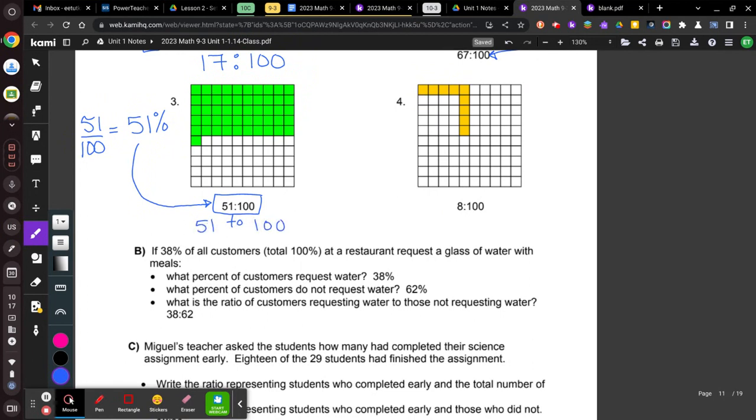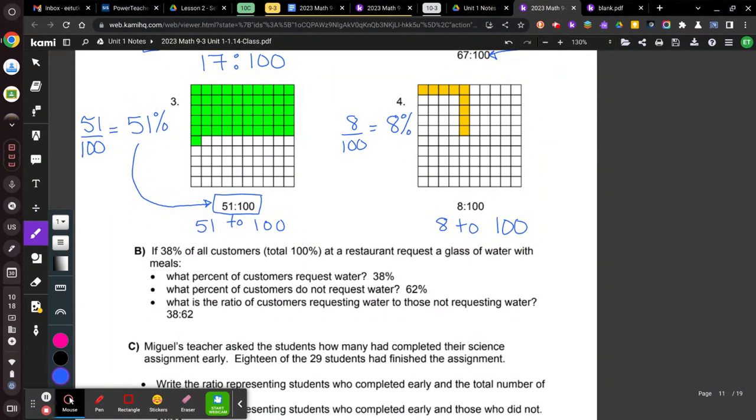That's how we would say it in words. The next one only has 8 shaded squares, so I would say 8 to 100. As a fraction, I would have 8 over 100. As a percentage, times by 100, I get 8%.